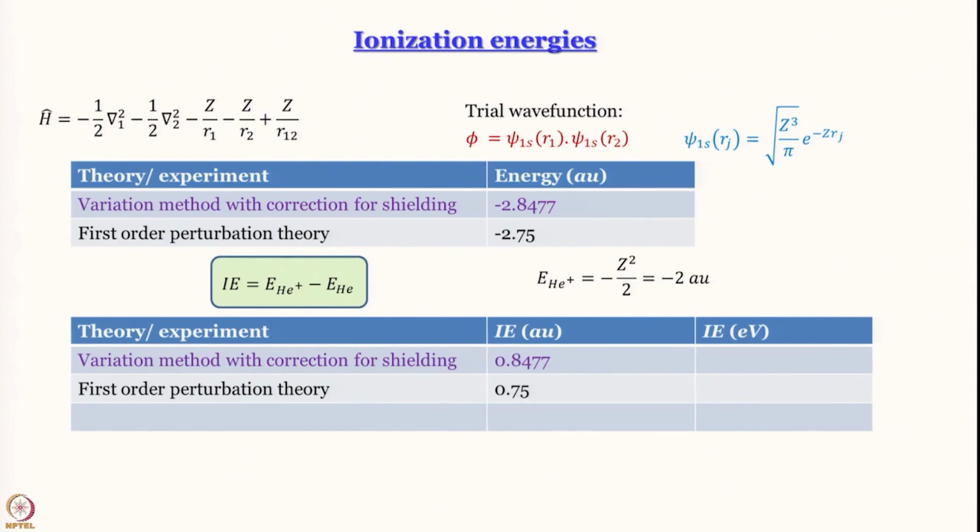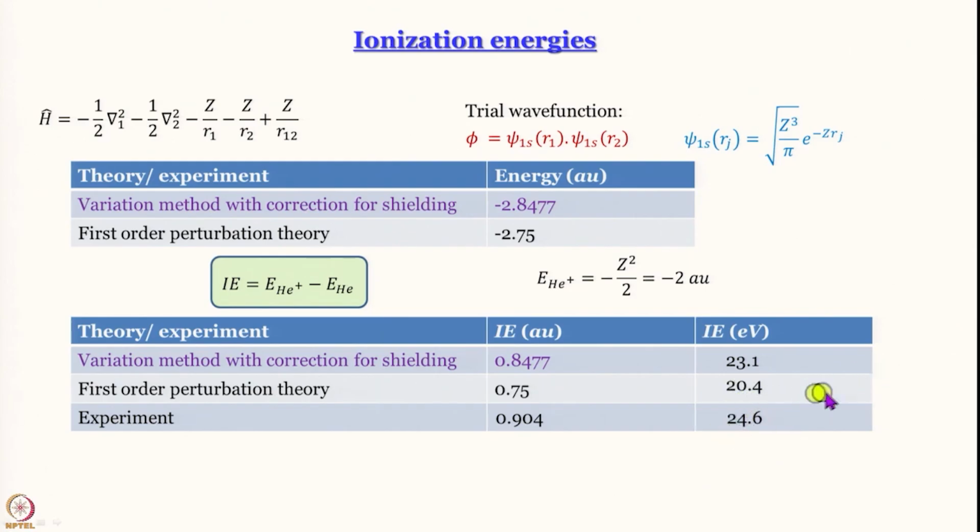You multiply by 27.2, and the numbers you get are 20.4 for first order perturbation theory and 23.1 for variation method. So, you see a significant difference between the two calculations. Then when you look at the experimental value 0.904, this is the correct value, you get an ionization energy of 24.6.